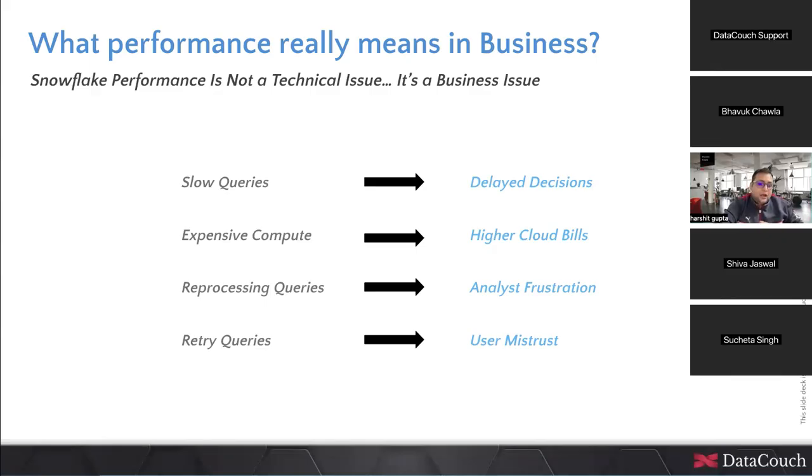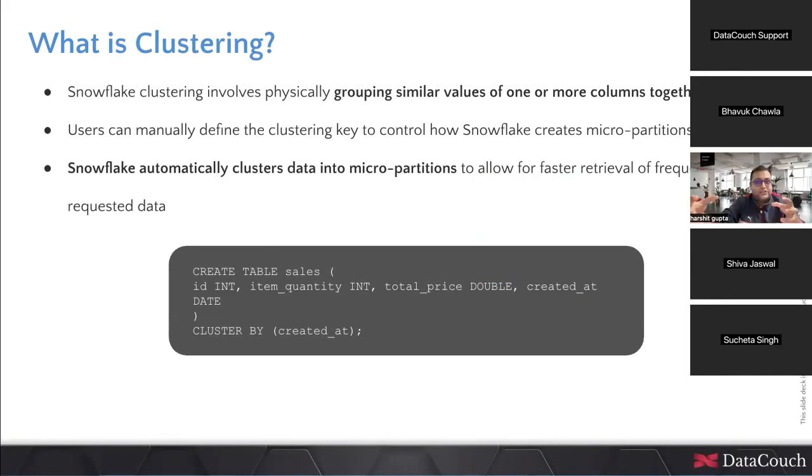Our major scenario is: how fast can business teams trust your platform? That is the major question you would like to answer. Region and date, both fields together, can bring us better results.